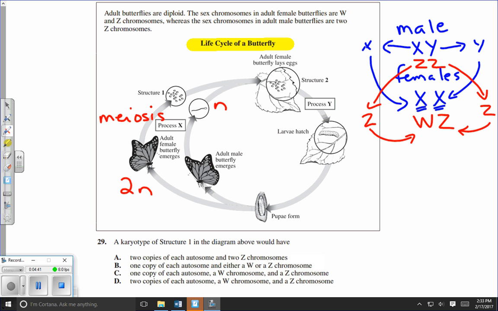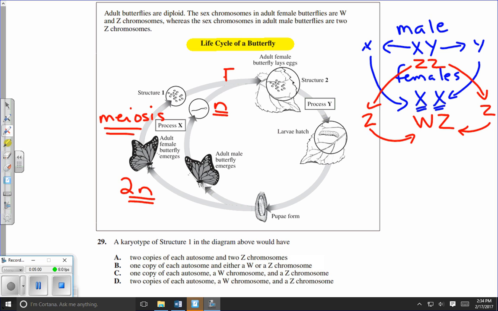The adult cells were 2N. Well, in order to go from 2N to N, you have to do meiosis. So process X is going to be meiosis, assuming that that is a sperm and that's an egg. Looks pretty good to me because they are fusing later, and that process of fusing is going to be fertilization.